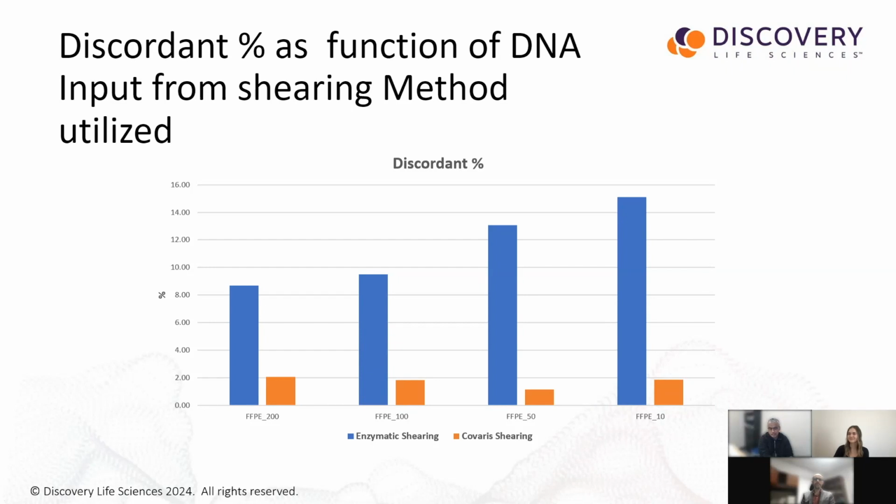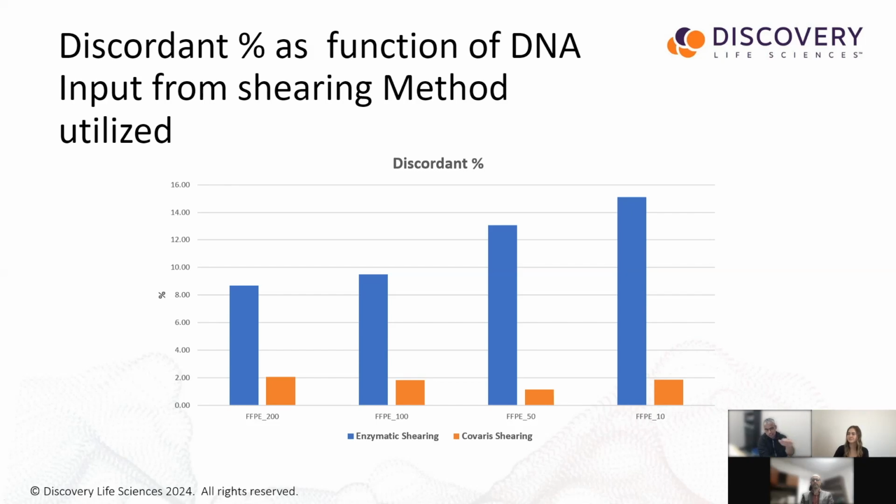These are various FFPE samples, I think 4 FFPE samples in triplicate across different input types: 200 nanograms, 100 nanograms, 50 nanograms, and 10 nanograms input. We used either the enzymatic shearing or the Covaris shearing, and the pipeline we just showed, exactly the same IDT capture, IDT V2 capture for whole exome sequencing.